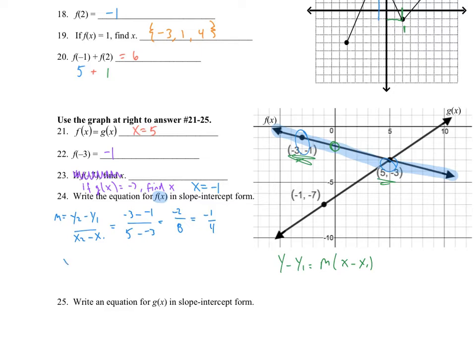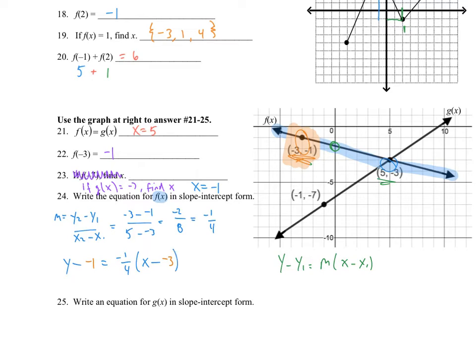So I'll use this point. So y minus, my y value is -1, equals the slope, which was -1 over 4, times x minus, and my x value is -3.